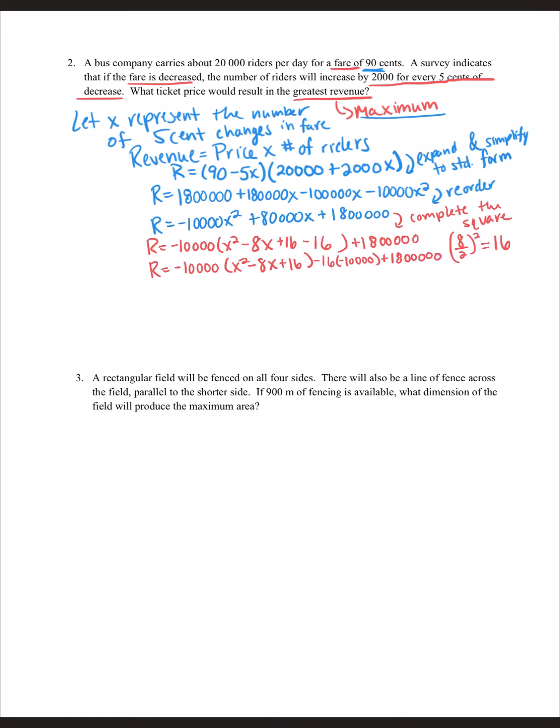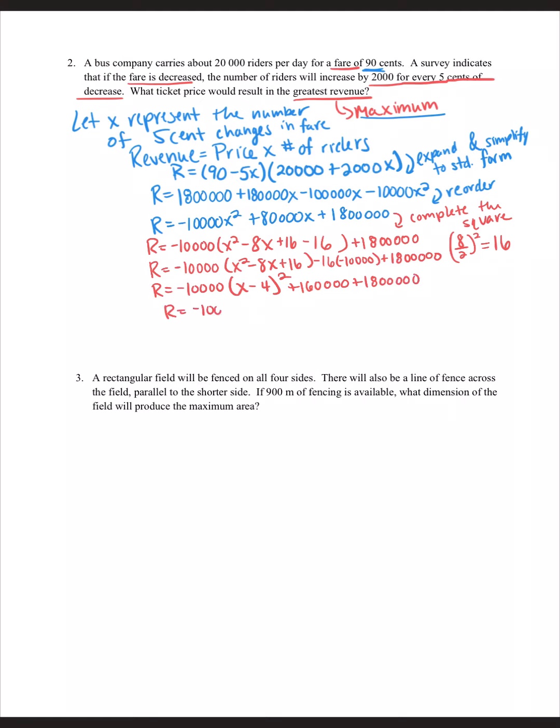Okay, so from there, we'll make sure that we know how to factor that perfect square trinomial. x squared, square rooted, is x. The square root of 16 is 4. And then there will be a minus between them because that's the sign on our middle term. And then negative 16 times a negative 10,000 is going to be a positive 160,000, plus 1,800,000.